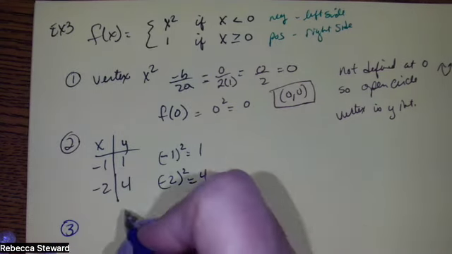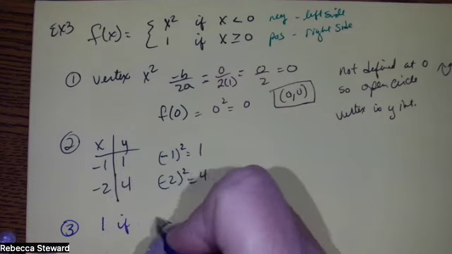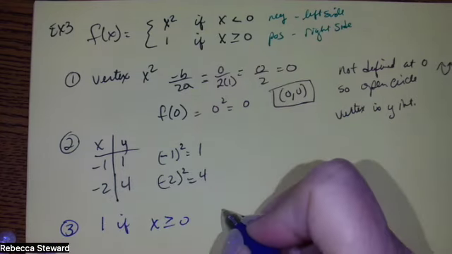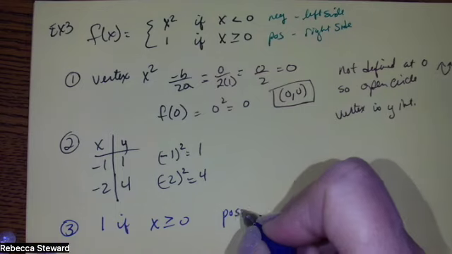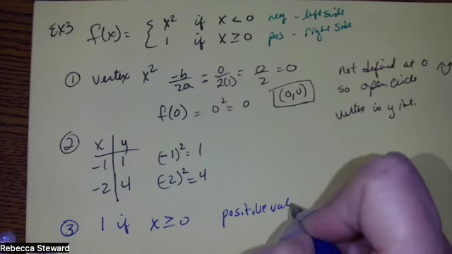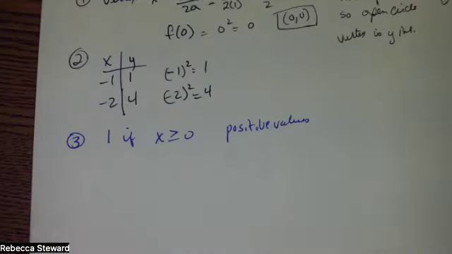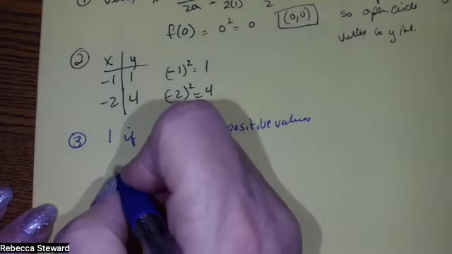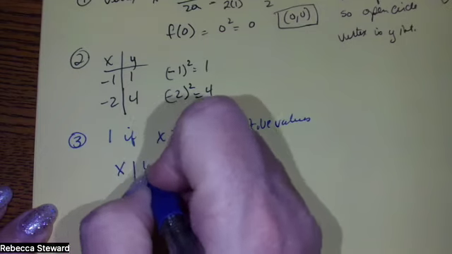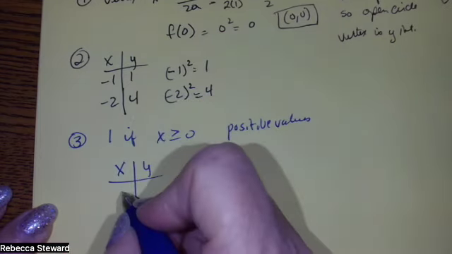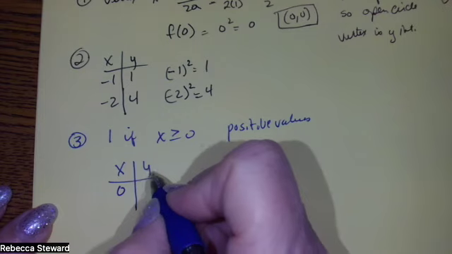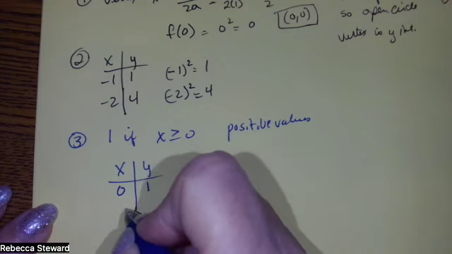All right, the third part of our graph is 1 if x is greater than 0. So that means it's got positive values, right? We don't really have a function so much because we have 1. So let's pop in some x values so that we can figure out what our points are. If x is 0, our y is still going to be 1.